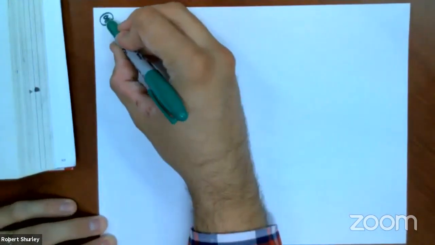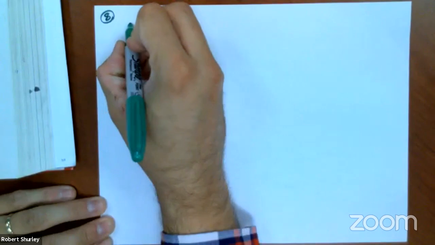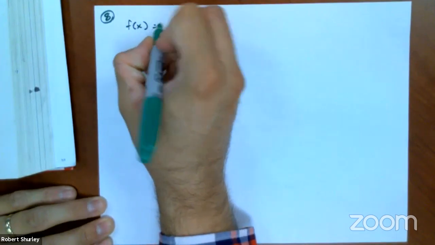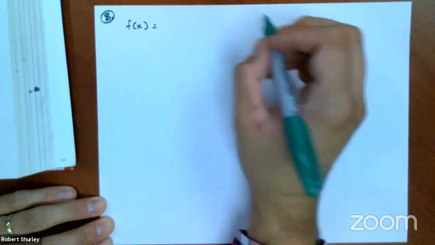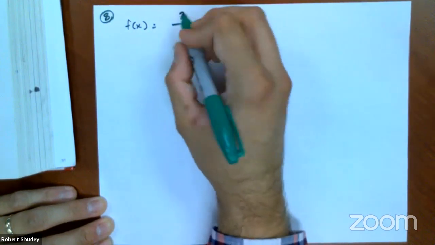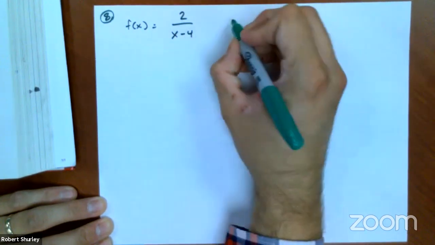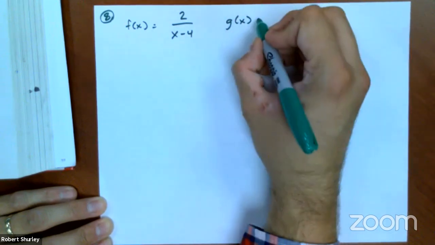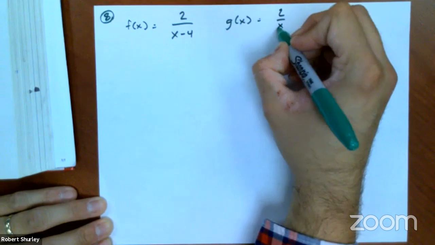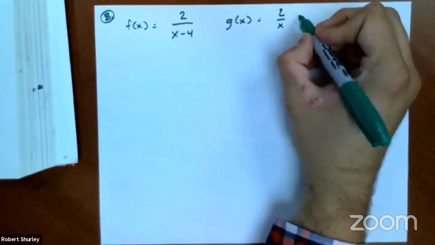Now, I'm only going to do one of them because that's all we have to do to show they're inverses. It tells me that f of x equals 2 over x minus 4, and g of x equals 2 over x plus 5.